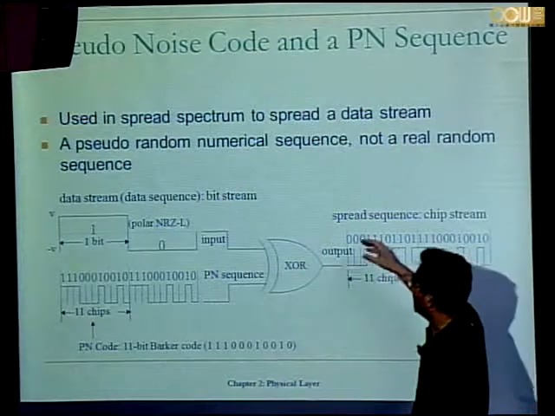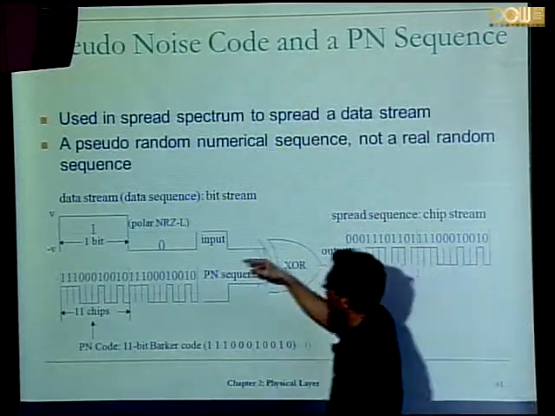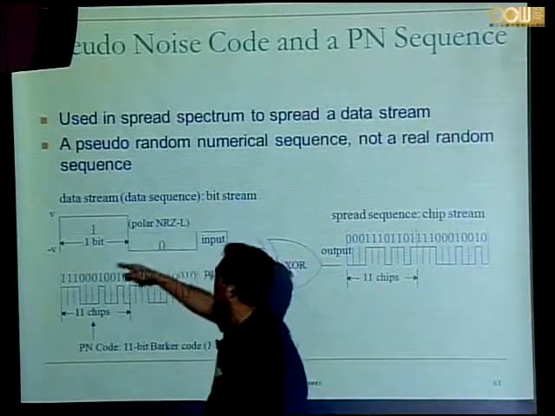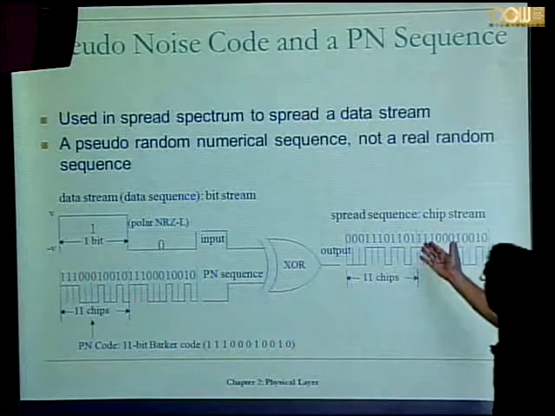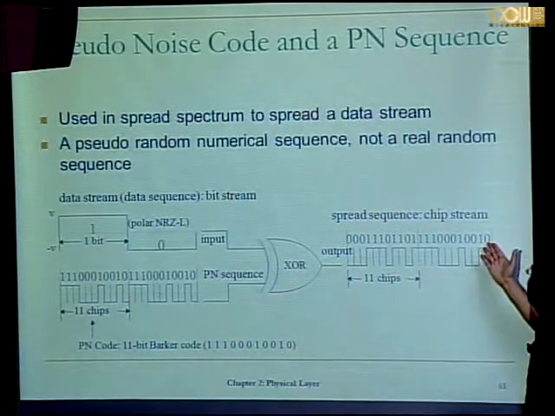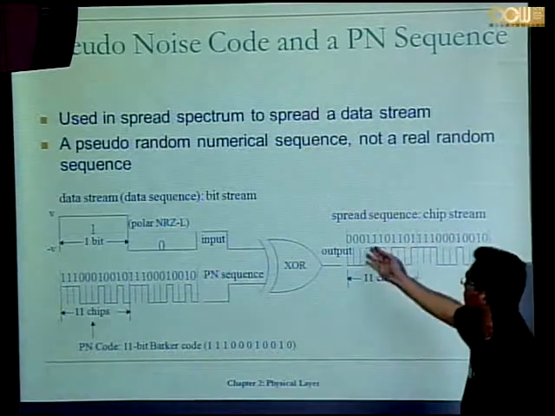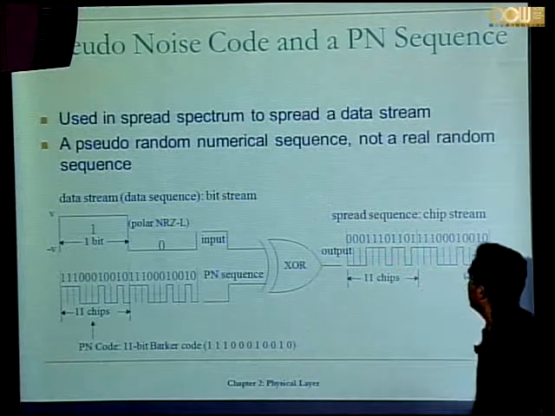I do exclusive OR to get this pattern. If the next bit is 0, exclusive OR with this will give the same pattern as the PN code. However, this will be different, and depending on the pattern, you will get this.